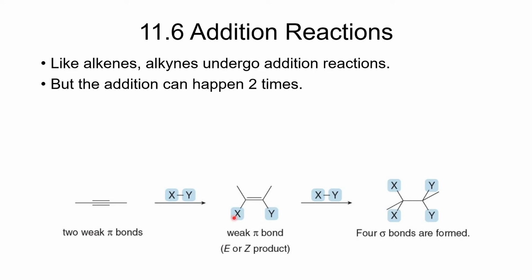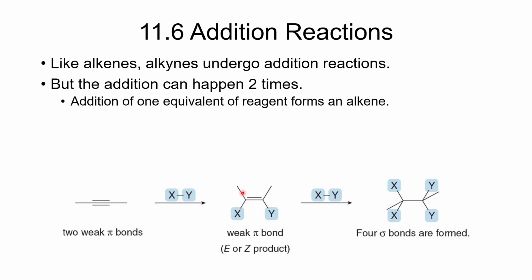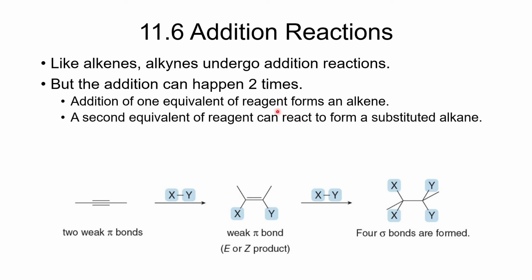They can go either way. And in this case, we can get E or Z product depending on what the mechanism is. So we do have a couple of different mechanisms similar to what we had with alkenes. One equivalent of the reagent will give you an alkene, and then the second equivalent will give you the alkane.